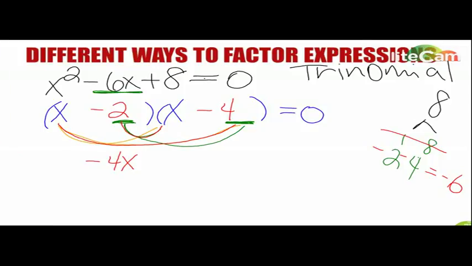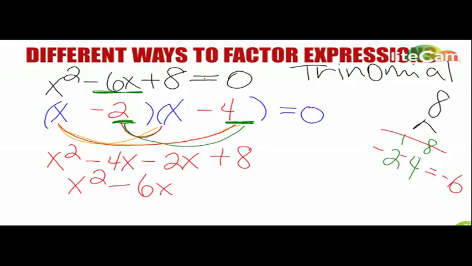If I multiply the -2 and the x, I get -2x. And if I multiply the last two, which is the -2 and the -4, I get +8. Okay, writing it all out, I get x squared minus 6x plus 8, which is really what I had before, so I've actually checked myself.